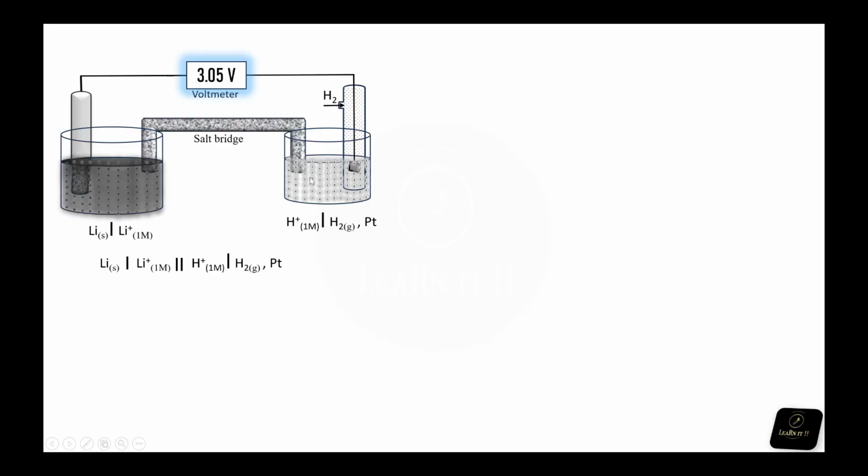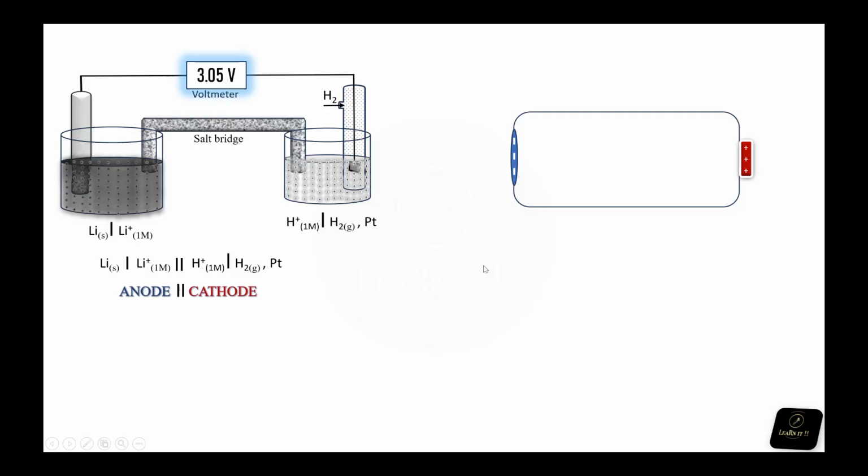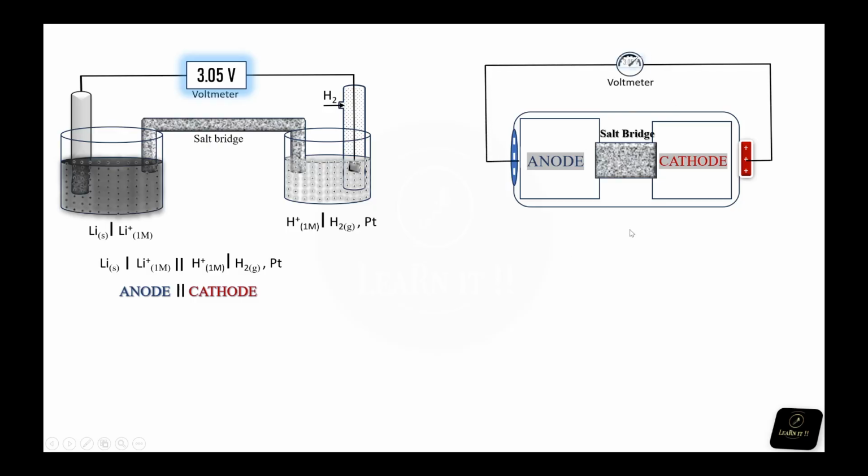It is connected to hydrogen gas, which is connected to platinum wire. So here lithium acts as an anode, which is connected to cathode through salt bridge. So if we take the hypothetical cell made up of lithium and hydrogen gas, which are connected by salt bridge, then the voltmeter reading shows 3.05 volt.